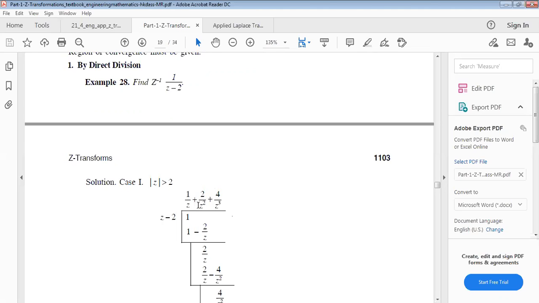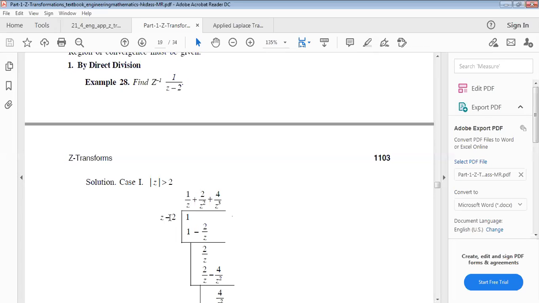Z to the power minus 1, Z to the power minus 2, Z to the power minus 3. That means putting n equals to minus 1, minus 2, minus 3 in the transformation of Z. Now this coefficient 1 comes from 2 to the power 0, 2 to the power 1, 2 to the power 2 in this way.